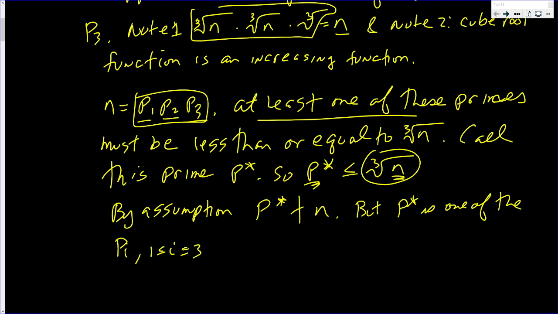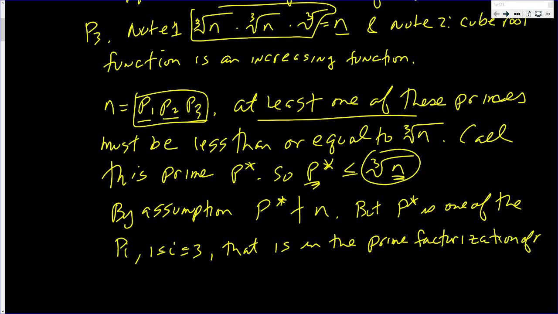P star is one of the primes that is in the prime factorization of N. Ooh, so P star divides N. But that's the contradiction.